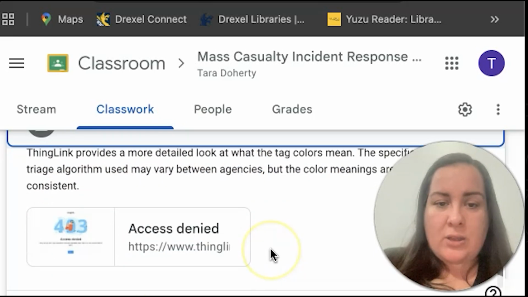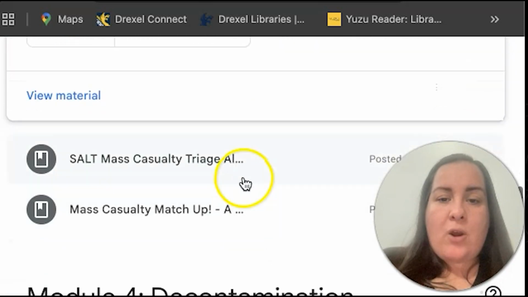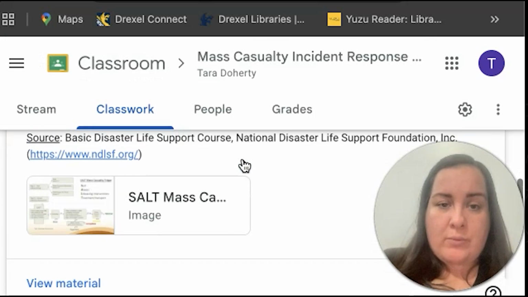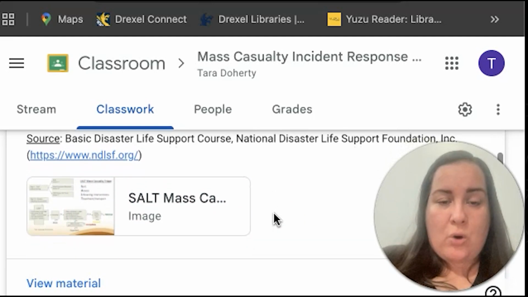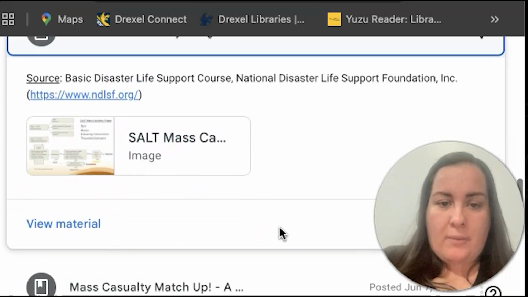Fortunately, the access is denied at the moment. And then also I posted an algorithm for mass casualty triage. So you see there are very different ways that I'm expressing the content, so that the learners, if maybe they don't want to listen to a video, can look at the algorithm and understand by my explanation there.